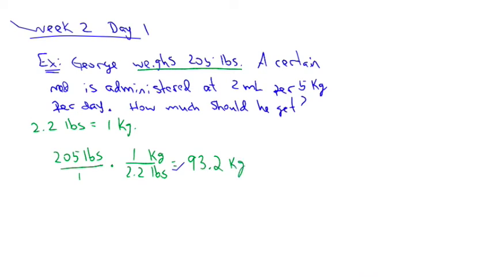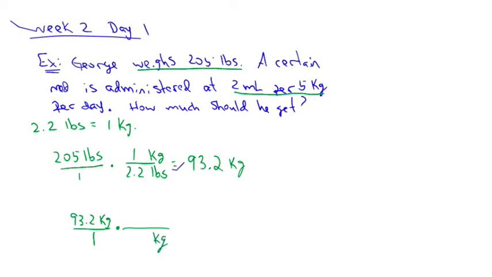Now, whether you do it my new way or the old way, you still have to change the patient into kilograms. All right, the old way for 2 milliliters per 5 kilograms. Well, what do I have? I have 93.2 kilograms, since it's an individual number over 1. And I want to multiply that by something that has kilograms in the bottom, so it goes away.